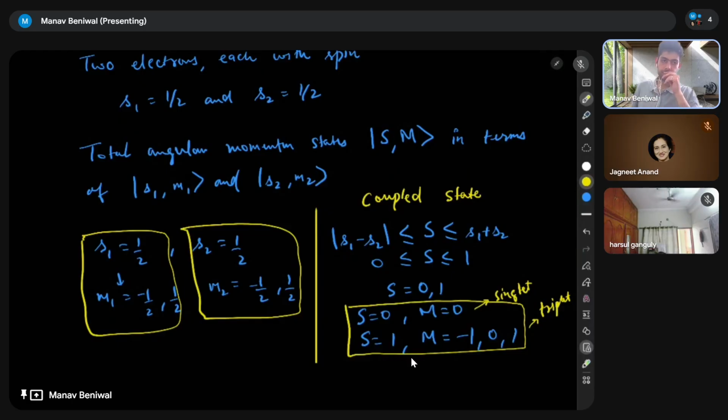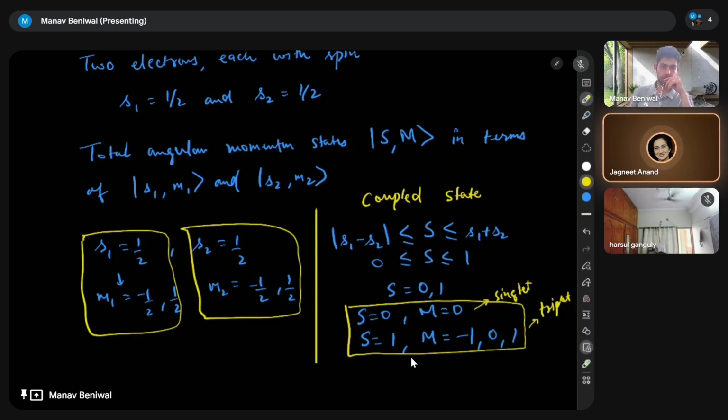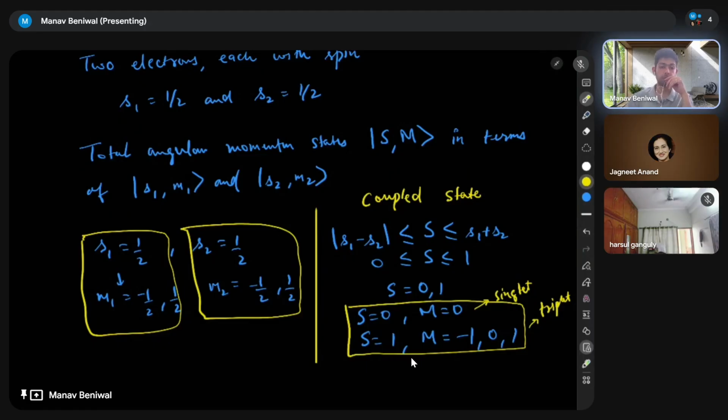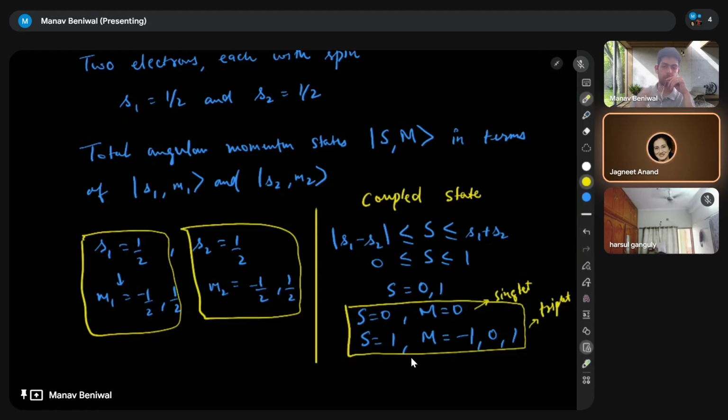Yes. Anything else before we move on? Ma'am, you mentioned reducible and irreducible states also. The coupled ones are, I forgot, coupled and uncoupled, and reducible and irreducible. I can't recall. Maybe Harsul will be able to tell.